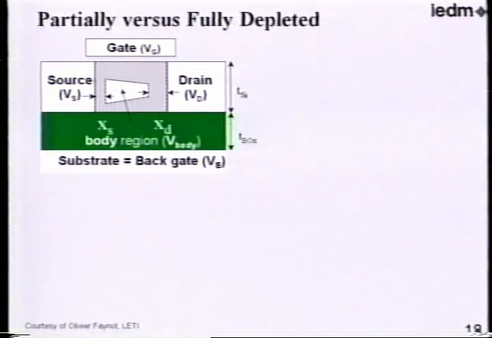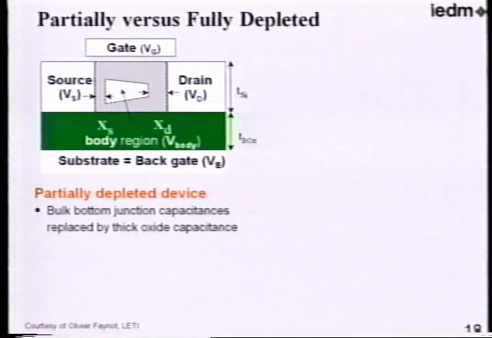So if we look at that partially depleted device a little bit more, of course it does have a body effect. It's partially depleted, so it's not totally depleted in this case, so it does end up with this body region that has a floating nature to it. And so if we look at this, the bottom junction capacitances are typically replaced by this thick oxide capacitance.